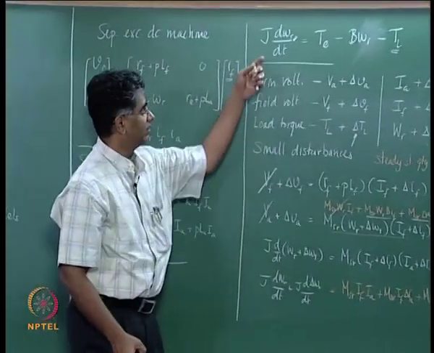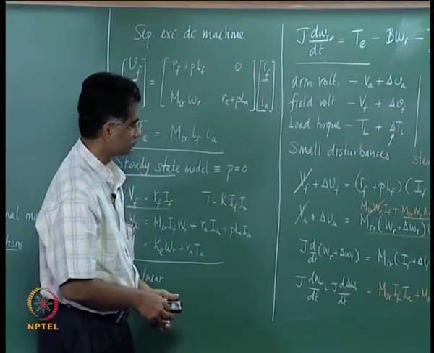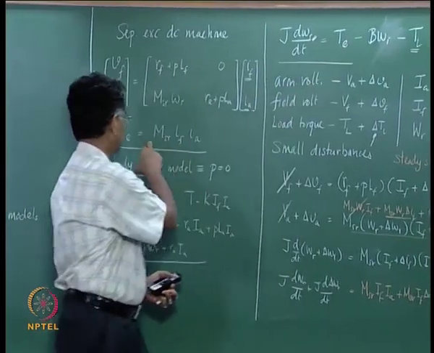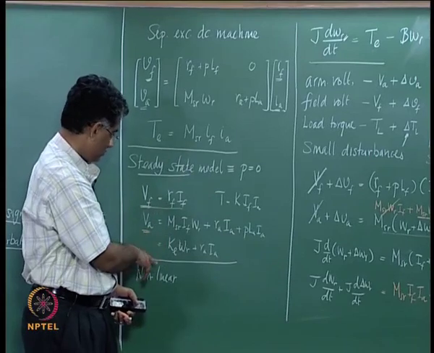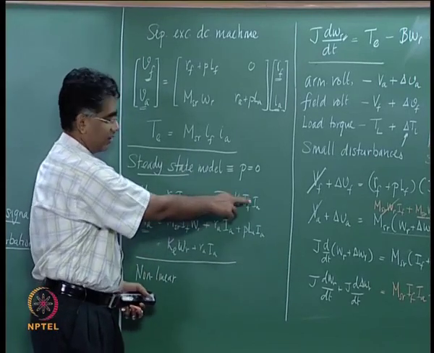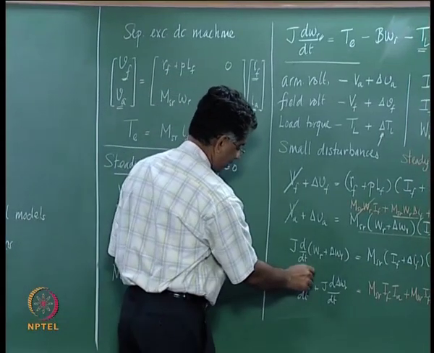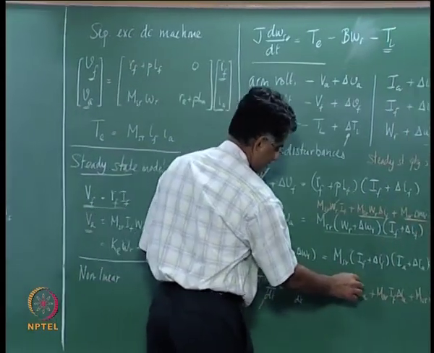Now, if you look at the first term here, under steady state this TE would be MSR into IF into IA, and therefore the steady state part here can be removed.